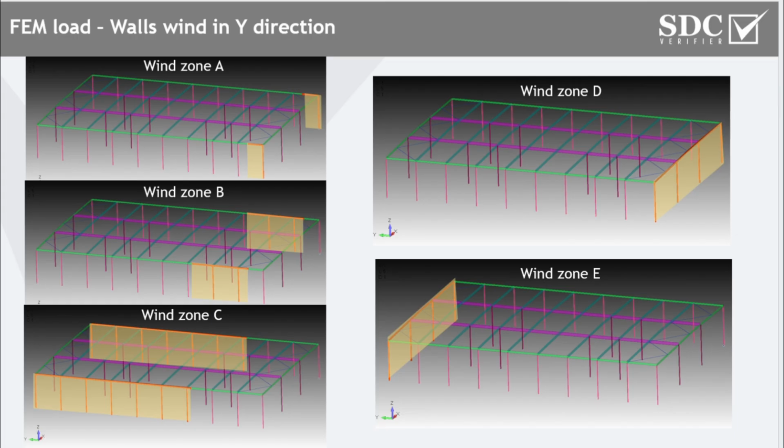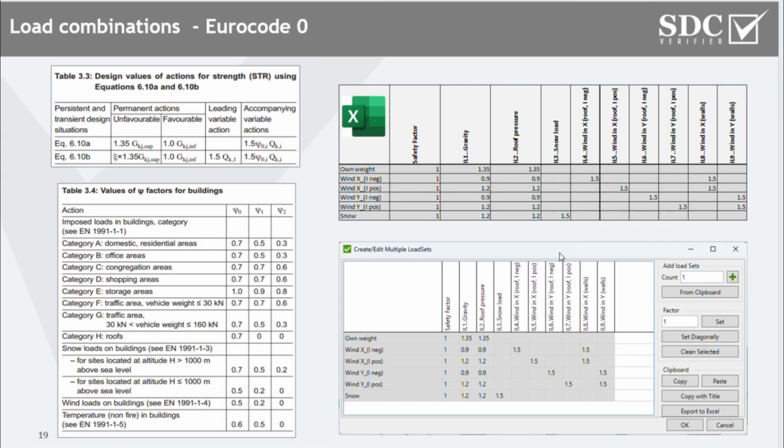Okay, I think that's it about the loads, and we can go directly to the load combinations. So load combinations in accordance with Eurocode as a standard can be prepared in two ways using the SDC Verifier.